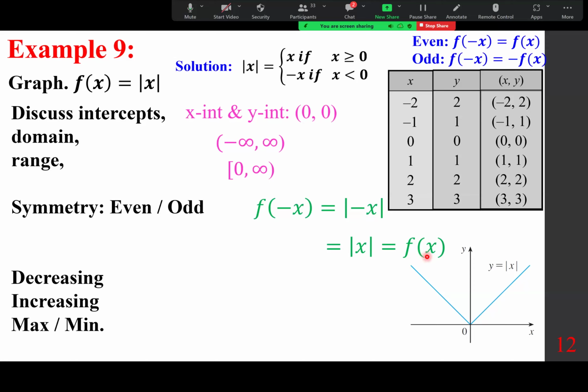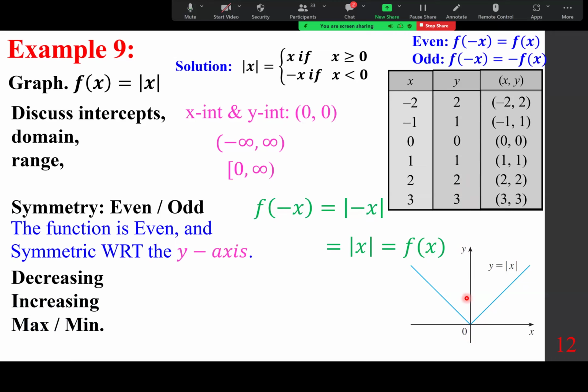F of minus x is identical to f of x. According to that, it becomes an even function. Even the graph is showing that it's even because, look at it, it's symmetric with respect to the y-axis. The function is even and it's symmetric with respect to the y-axis.